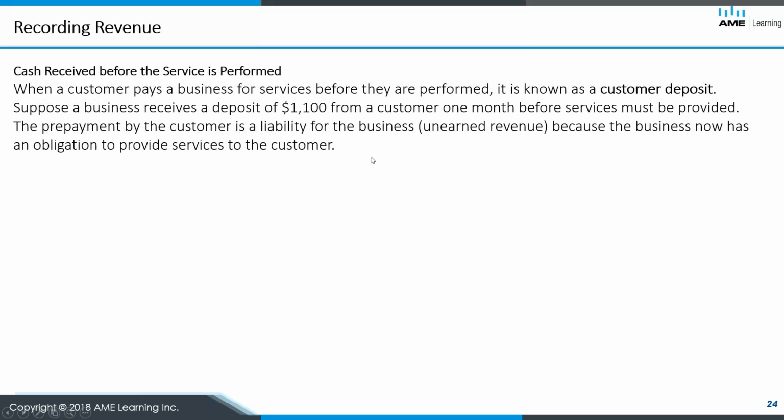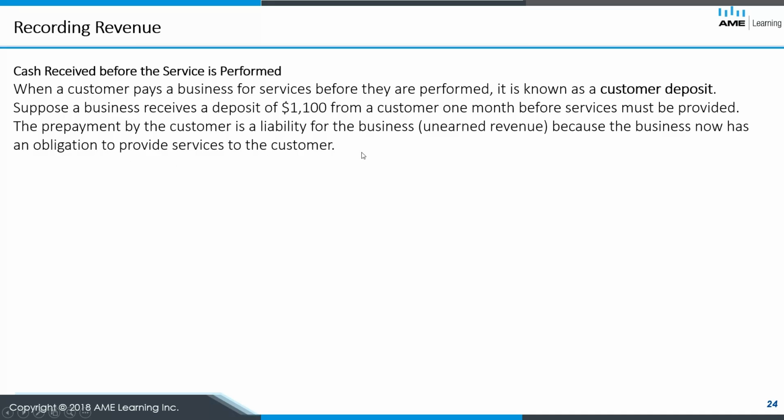And so if you are the business receiving the cash and you receive it before you provide the services, say you're a mechanic and the customer has to pay you $1,000 now, and you're going to perform the repairs in a month or something. Sometimes that happens where a customer has to pay before you actually provide the services.